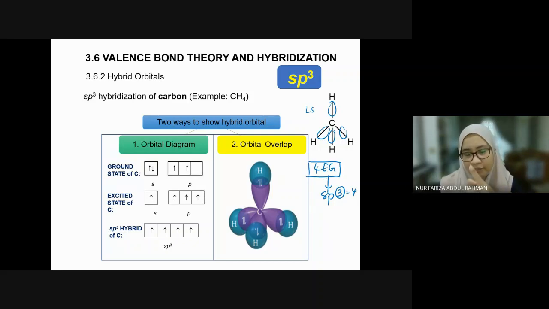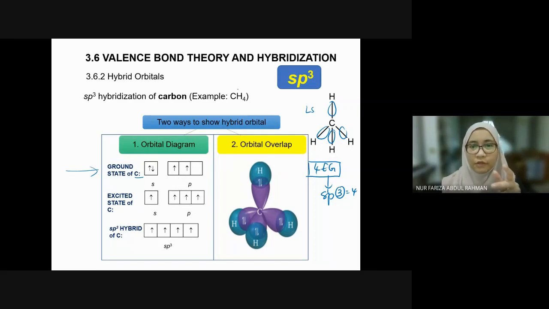Okay, alright. From the Lewis structure, we should know that by right, the carbon should prepare 4 unpaired electrons available so that the hydrogen can form bonds with electrons from carbon. Logically speaking. But when we look at the ground state of carbon, the original electron configuration or orbital diagram for carbon, initially carbon has only 2 unpaired electrons. That means only 2 hydrogen can form bonds with carbon.